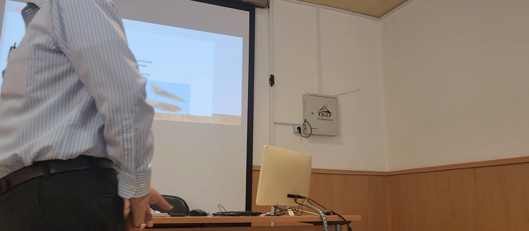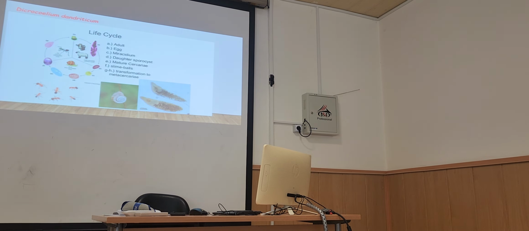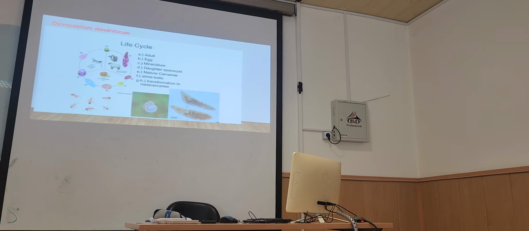Okay, the next one. That was fascioliasis, finished. The other liver fluke, the other trematode, is Dicrocoelium dendriticum. Again, this parasite is zoonotic, common between humans and animals.